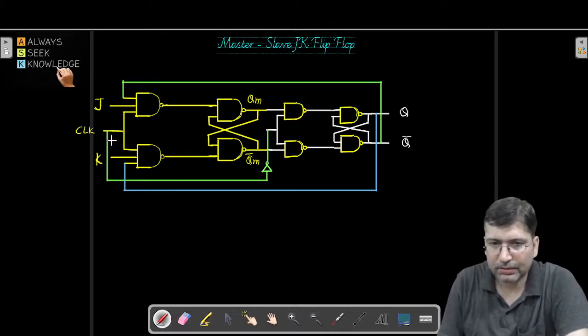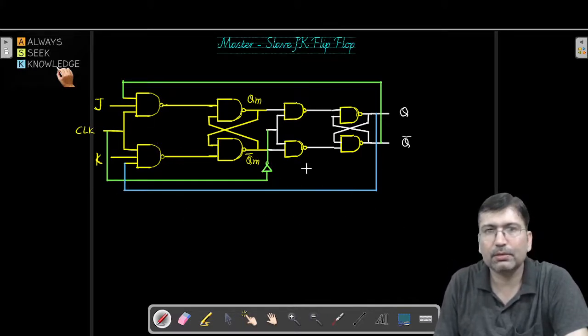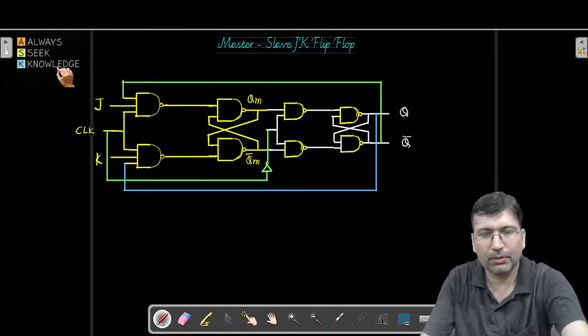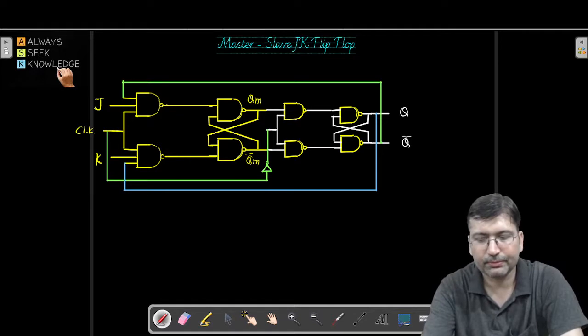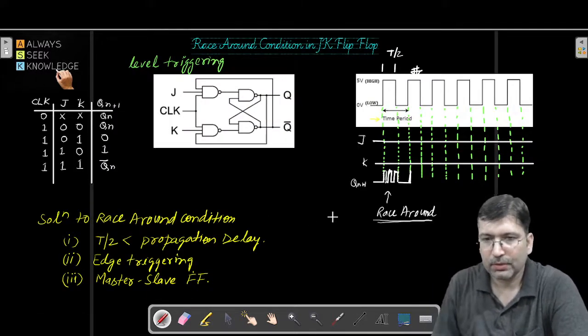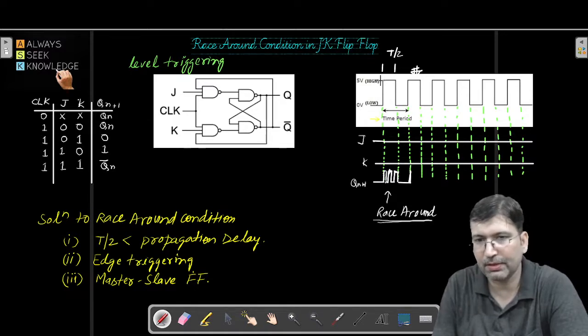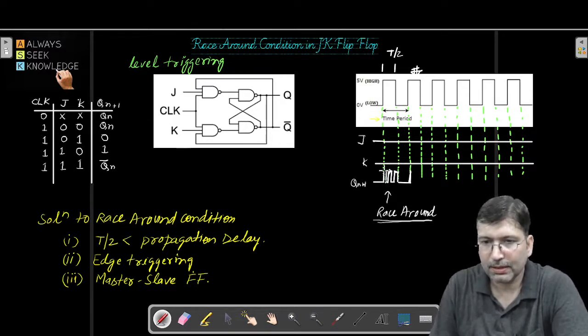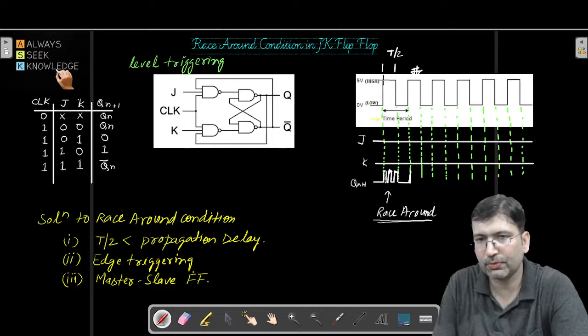Now this circuit will reduce the effect of toggling. How will it reduce the effect of toggling? Let's see. In toggling, in a JK flip-flop, when both the inputs are 1 and the clock is also 1, and if it is a level triggered flip-flop, then it starts changing the state from 0 to 1, 1 to 0, 0 to 1, 1 to 0 over the period of T by 2.